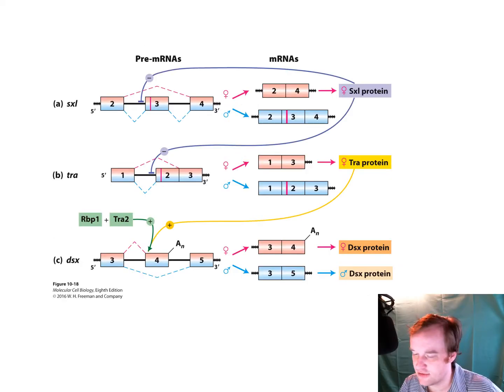So here we have another figure that's a little bit convoluted, so I want you to bear with me here. We've talked about alternative splicing throughout this lecture and throughout this course. Alternative splicing in some organisms is an aspect of sex determination. So in Drosophila, which is the fruit fly, we have alternative splicing that leads to male and female development.